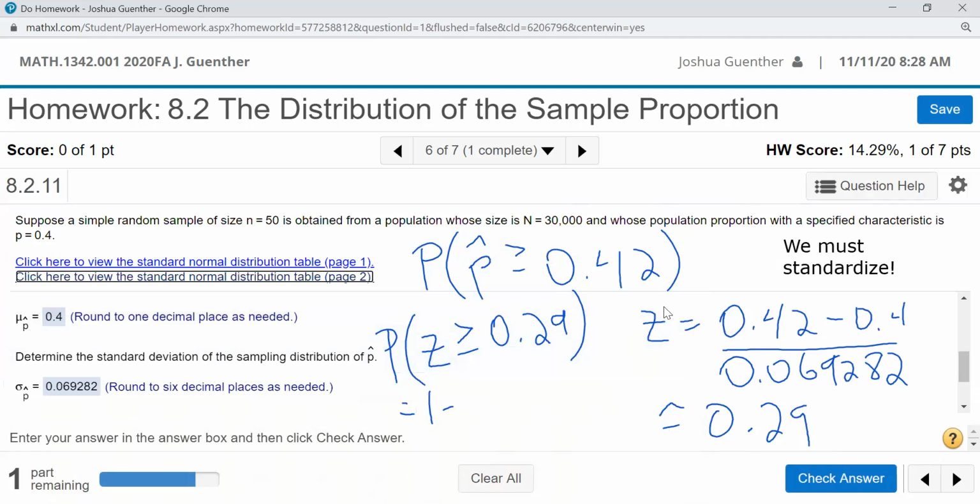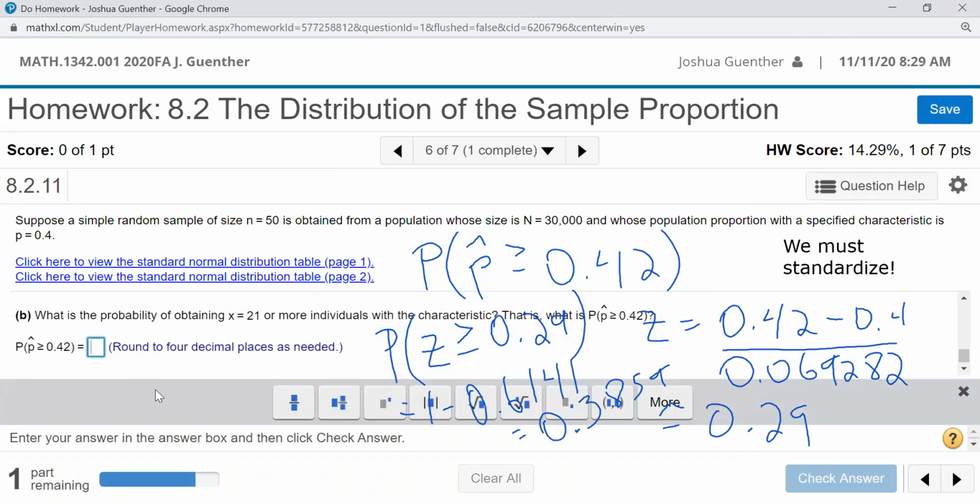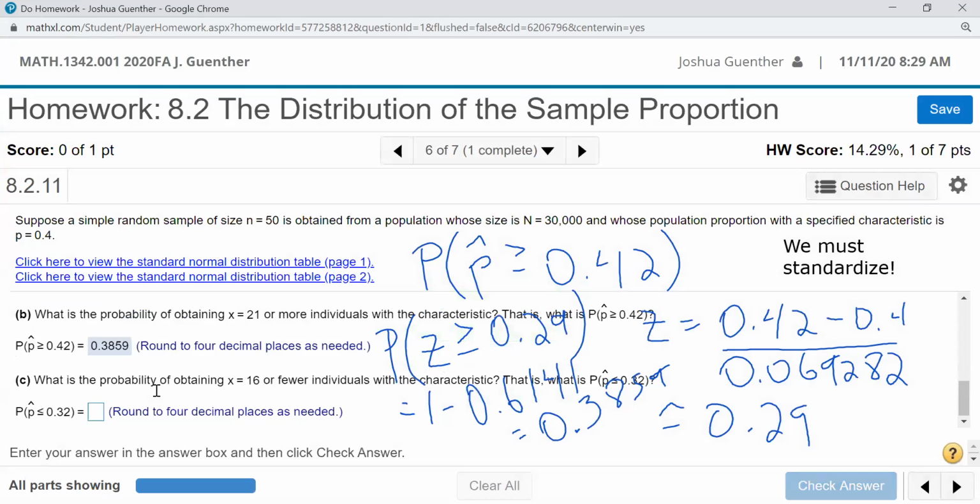So we actually got to do 1 minus 0.6141, which according to my Mathemagic should be 0.3859. There we go. So yeah, just put the wrong z-score in.